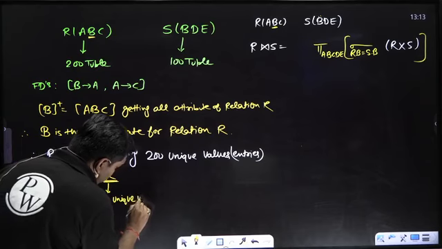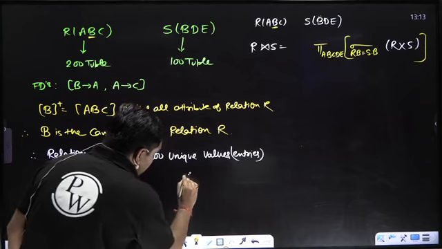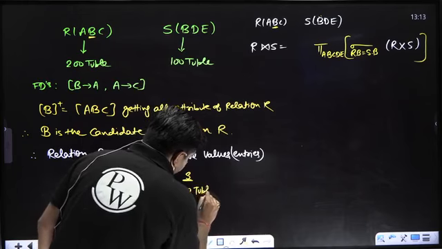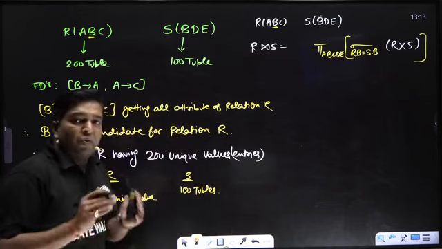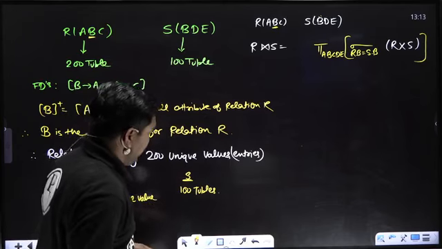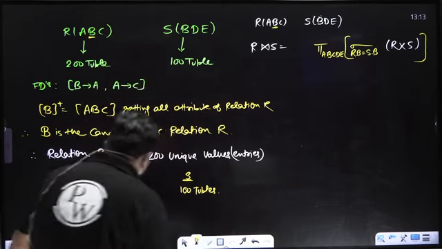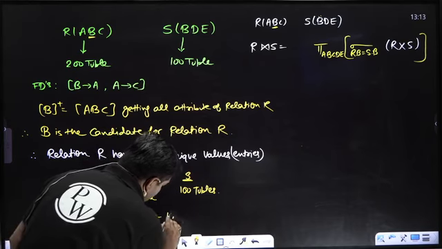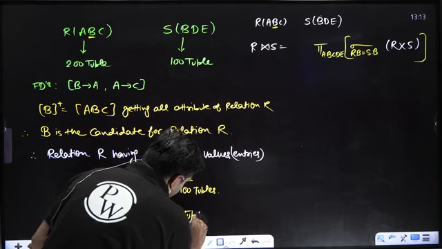In S, we have 100 tuples. Then what is the possibility when you try to join? When you perform R join S, what is the maximum number of tuples you will get? 100 tuples at most.